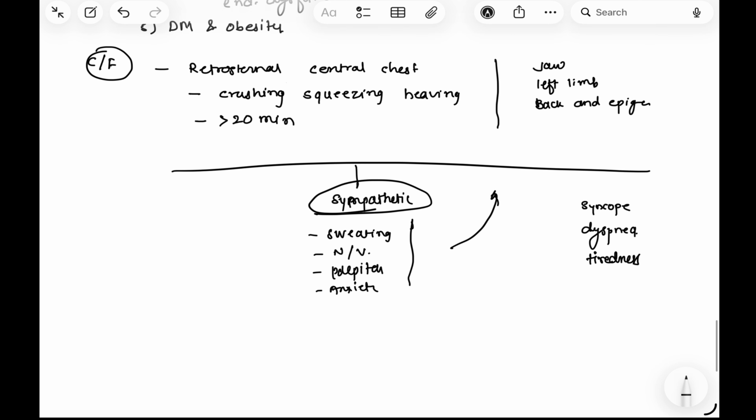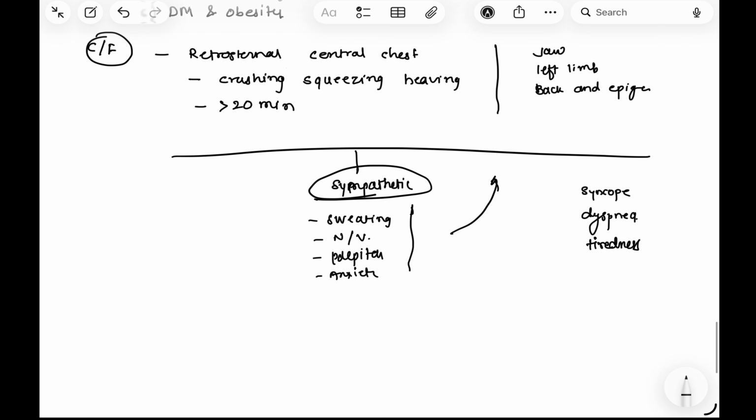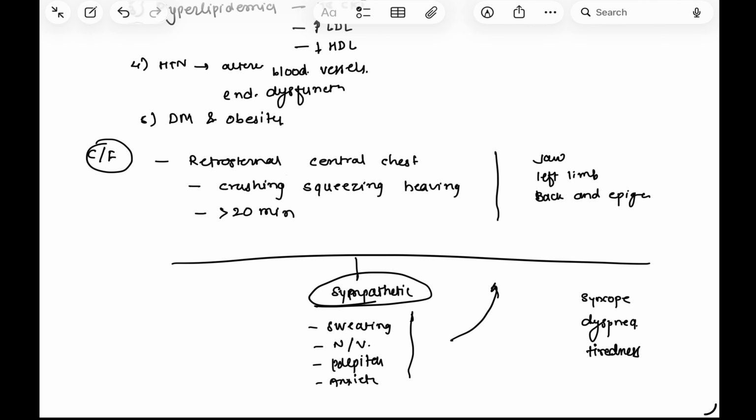So these are the typical clinical features. The patient will present to you complaining of severe chest pain that is crushing in nature, with radiation towards the left upper limb, jaw and back, and epigastric pain, and the patient might be sweating a lot with palpitation and syncope history. So these are the clinical features typically present in ACS.